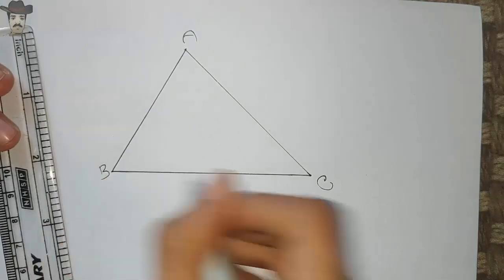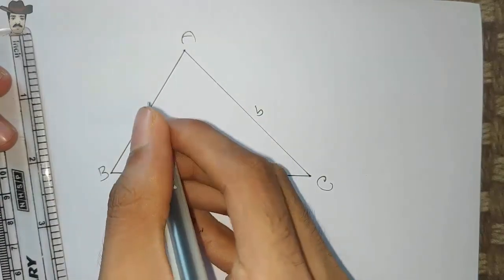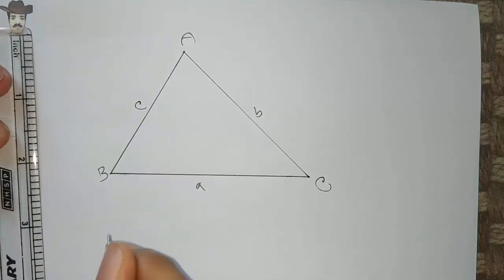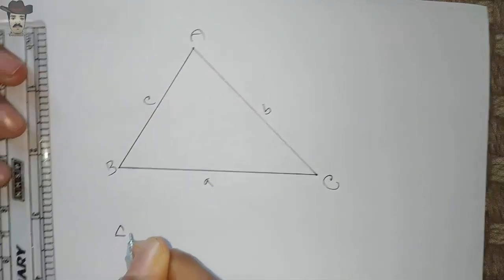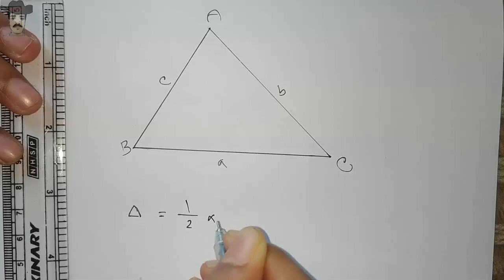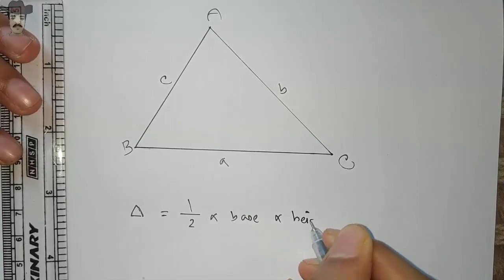So this side will be a, this side b and this side simply c. We already know the area of any triangle is half into base into height.